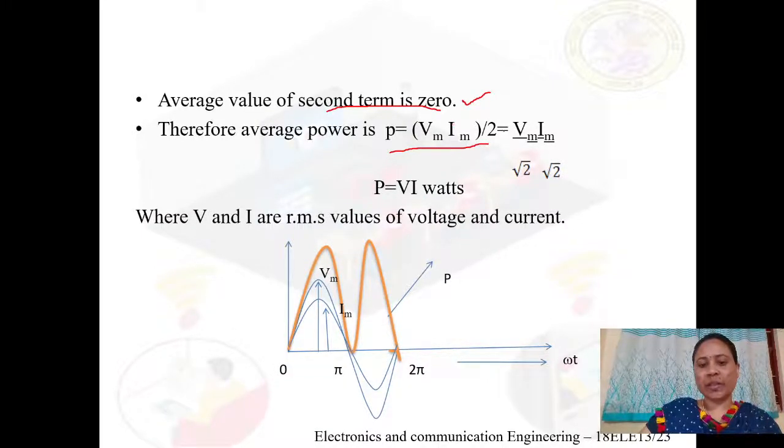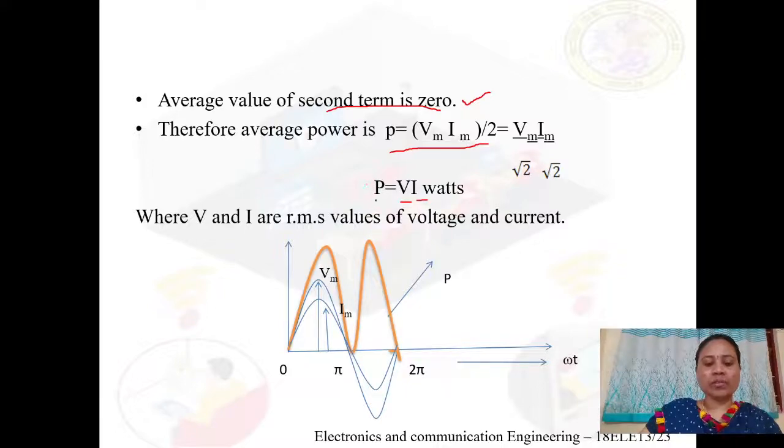And we can rewrite this as Vm by root 2 and Im by root 2. Vm by root 2 is nothing but the RMS value of voltage, Vrms, and Im by root 2 is nothing but the RMS value of current, that is Irms.